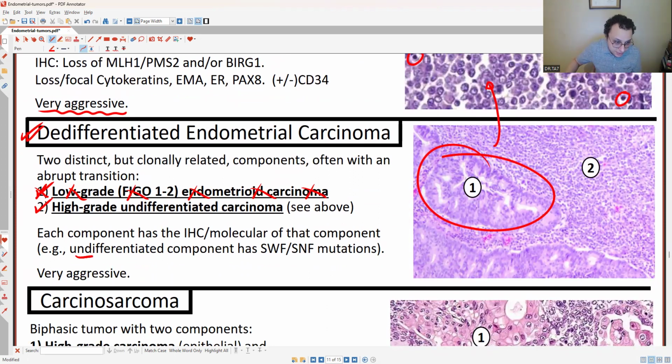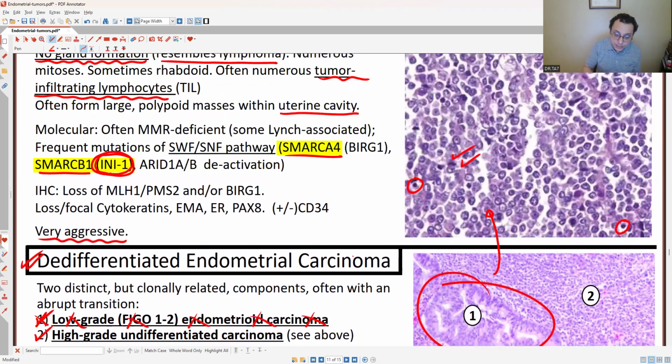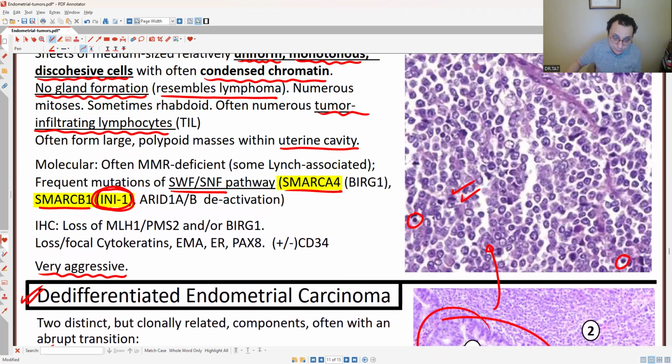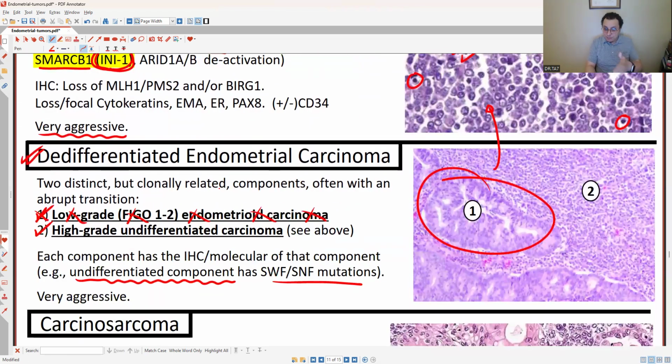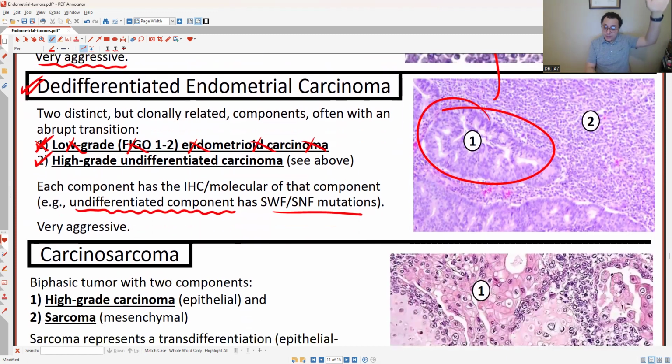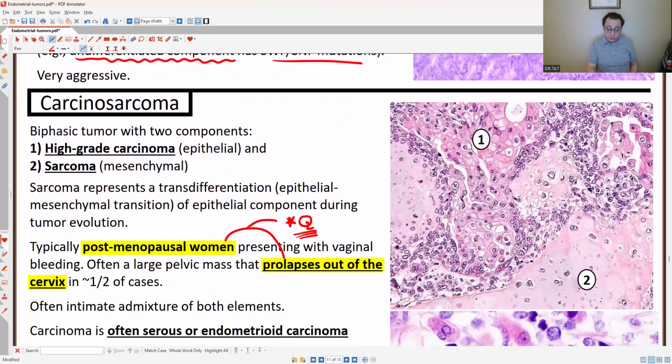And see, he's saying the undifferentiated component has the same mutation as SWI/SNF, which are the SMARCA and SMARCB mutation. And the low-grade endometrioid carcinoma will have its own distinct immunohistochemical pattern, which is ER positive, PR positive, p53 wild type, p16 negative. The same thing as you see in the endometrioid adenocarcinoma we talked about before.